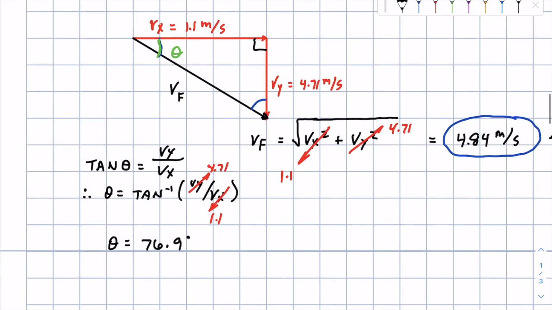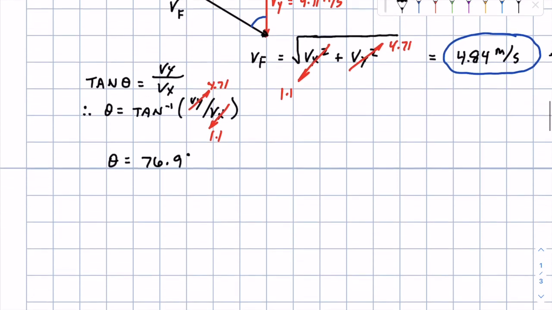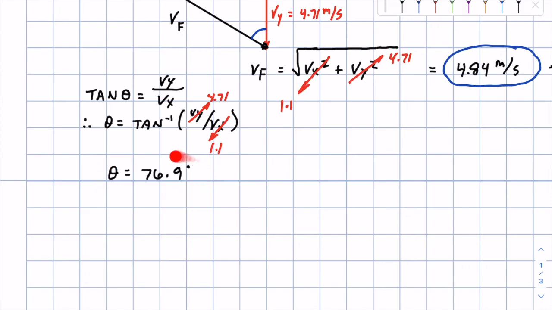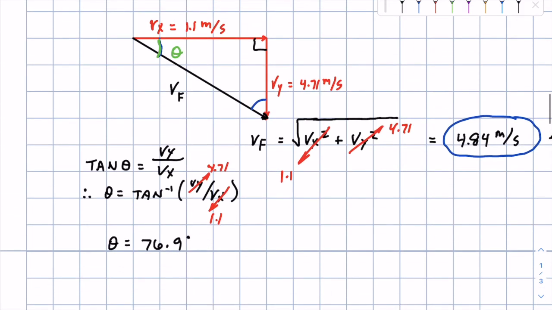And looking back at our picture here, we see that theta is defined with respect to the horizontal, and that it's going in the clockwise direction. So there's actually two ways that you can represent this, because if you were just to say 76.9 degrees, that could tell the reader it's here, or that it's clockwise. They don't know.